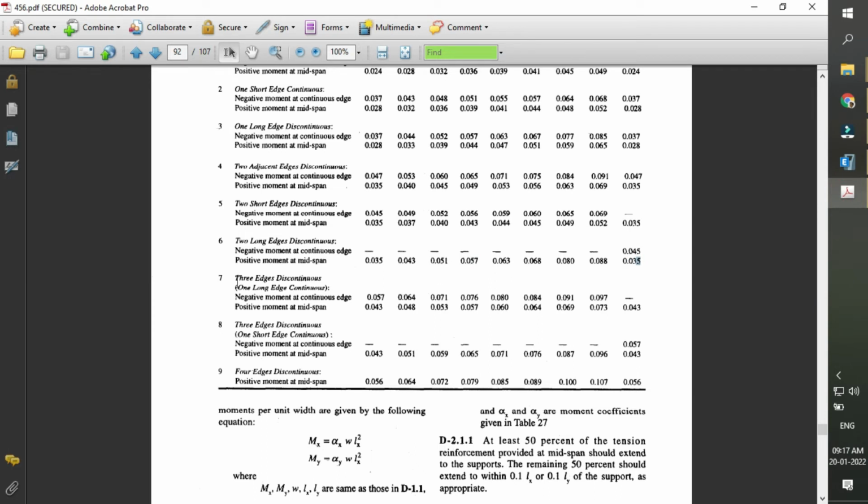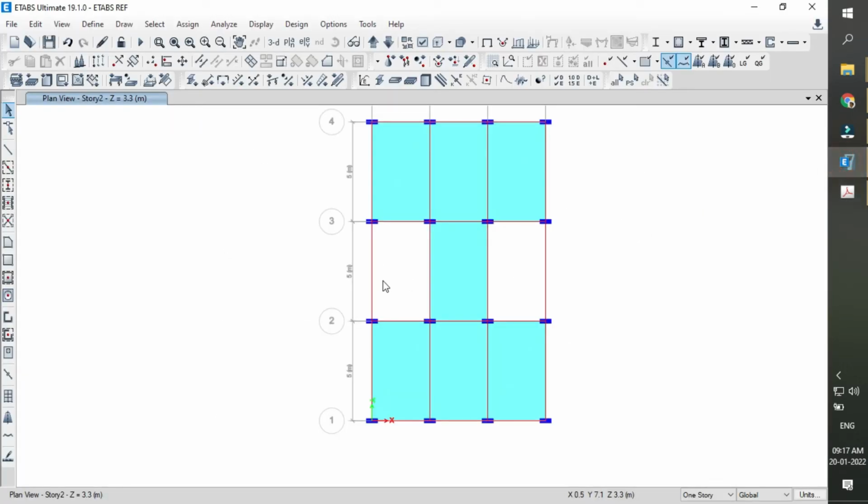The seventh one is three edges discontinuous, one long edge continuous, which means I undo this and delete this and this. So two short edges are discontinuous and one long edge is discontinuous.